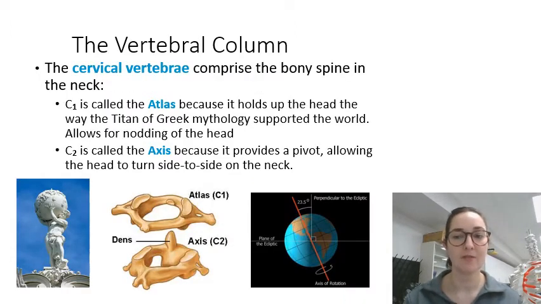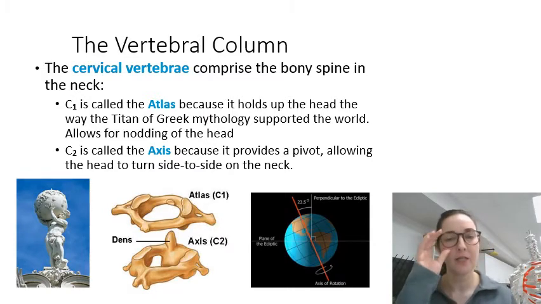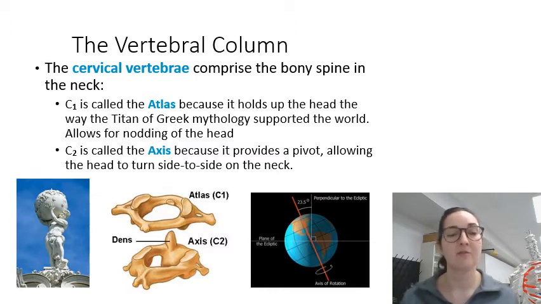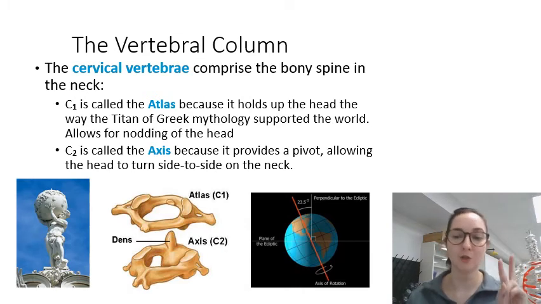All right, so let's talk a little bit more about the differences between some of the vertebrae. Your cervical vertebrae, the ones in your neck, are numbered 1 through 7, but the first 2 cervical vertebrae have their own names because they have special functions. Your first cervical vertebra, C1, is also called the atlas.